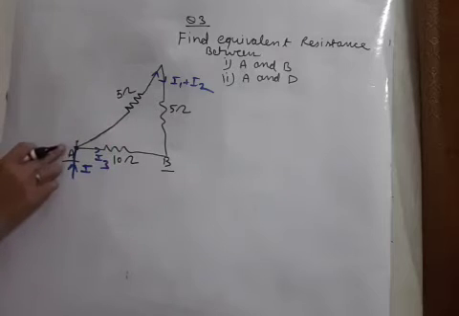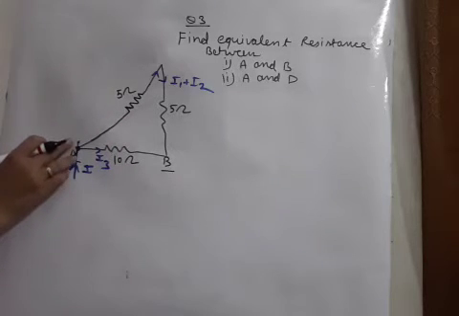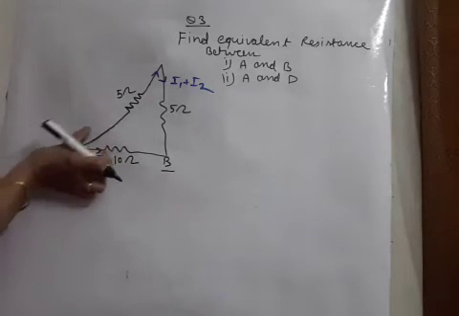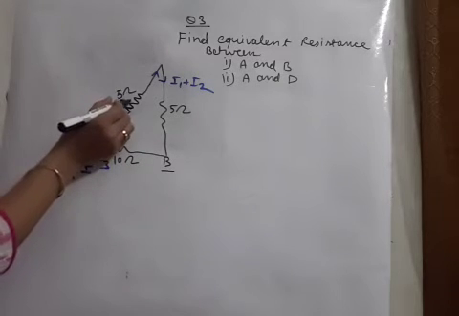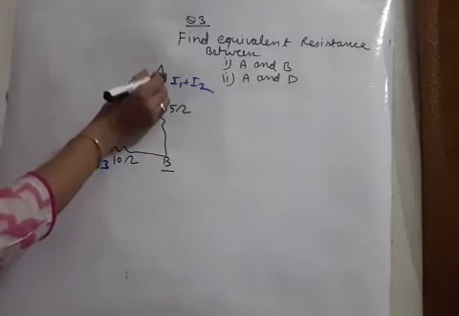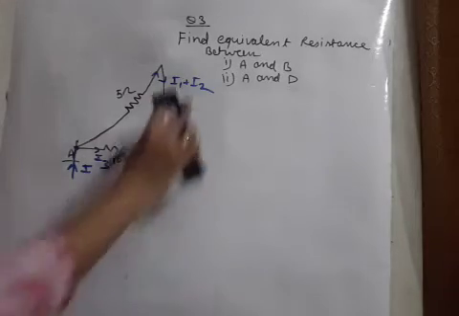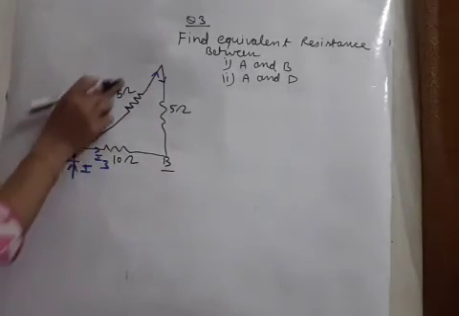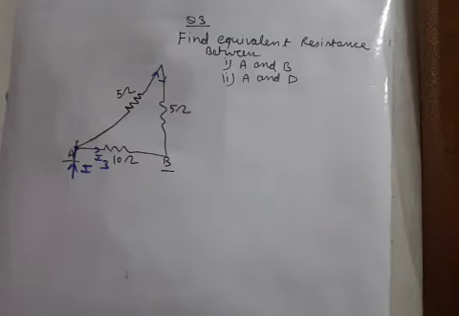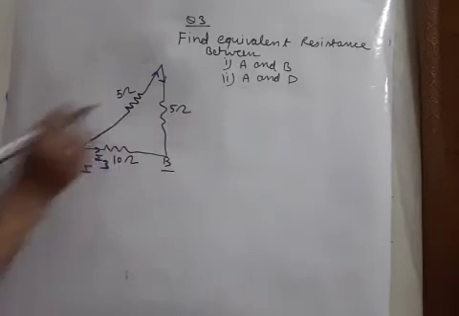At A, if we take current, it is getting divided. That means this branch is parallel. Then whatever current enters the 5 ohm, the same current flows in this 5 ohm, because you see, it is a single line. So 5 ohm and 5 ohm are in series now.